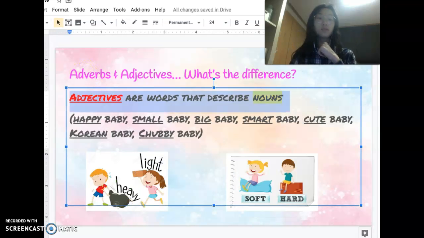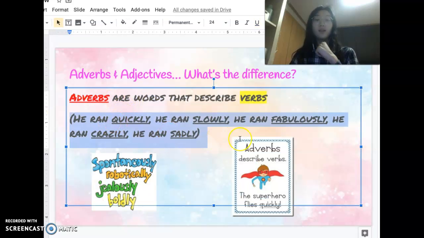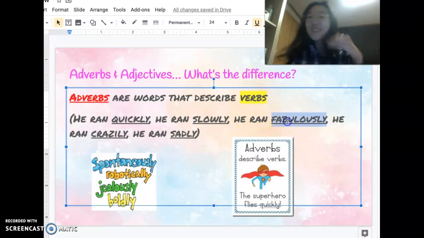For example, let's go back to adverbs. In these examples here, the verb is ran, right? The adverb will tell you how he runs. He ran quickly, he ran slowly, he ran fabulously, he ran crazily, he ran sadly.